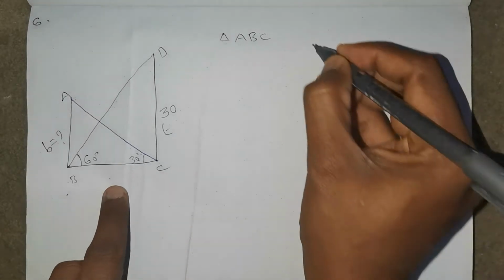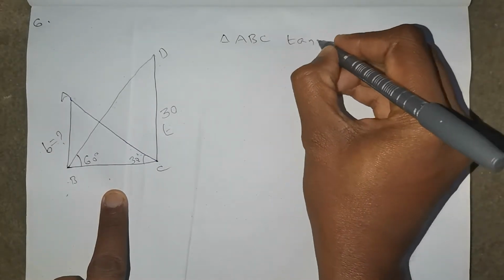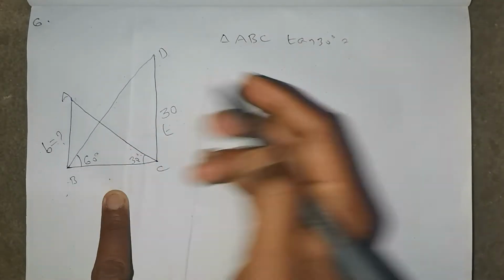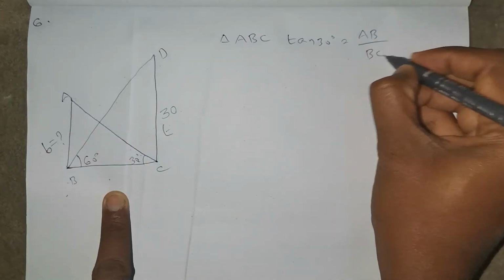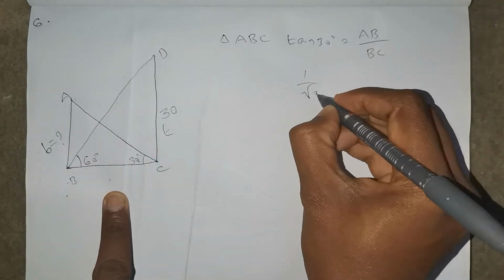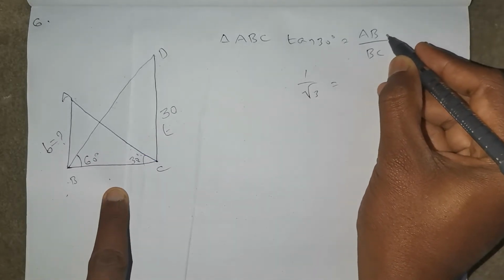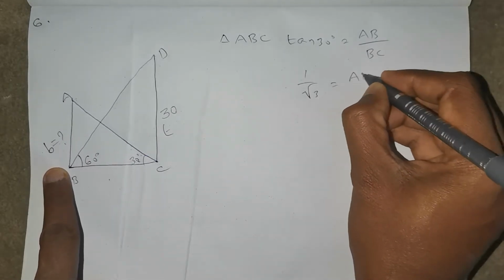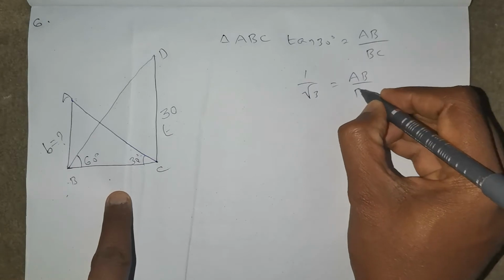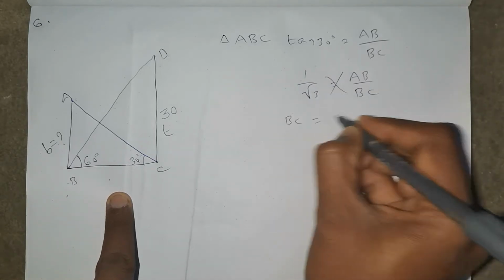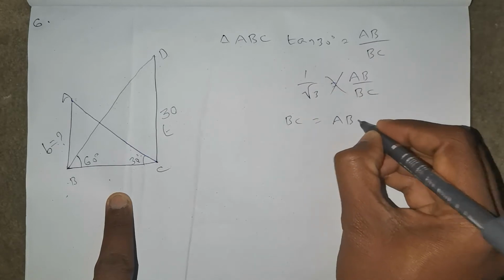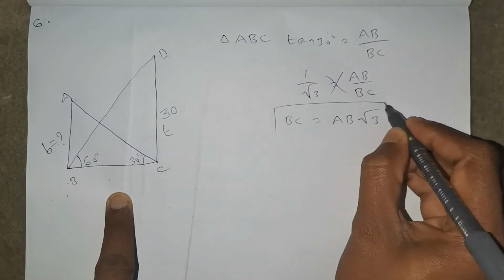So tan 30 degrees is equal to opposite AB divided by adjacent BC. Tan 30 is 1 by root 3, which equals AB, which we need to find out, divided by BC, which we also don't know. I'll do cross multiplication: BC into 1, BC is equal to AB into root 3. This is equation number 1.